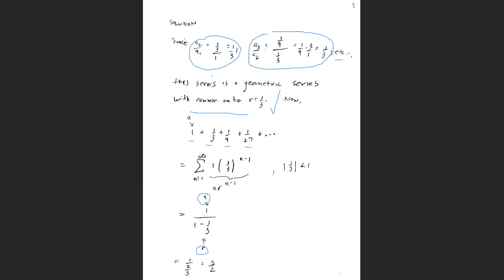So the first term of the series is 1, the common ratio is a third, we'll get 3/2. Good questions. For a geometric series, if it converges, you can find its sum.